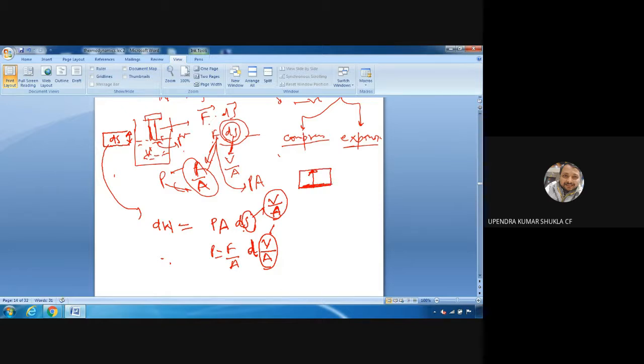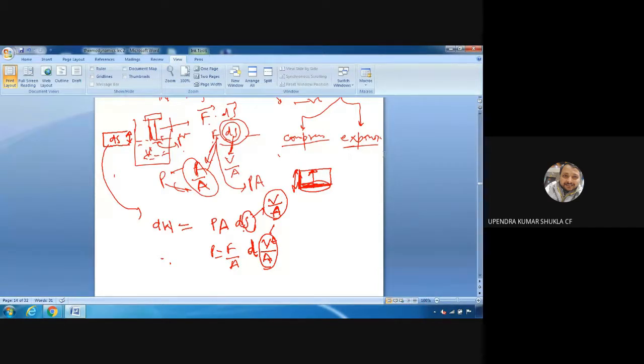So you divide by the area, then you remain with this dimension, that is the dimension of displacement. So dV. Now since this is a fluid, V is the total volume, the total volume upon area.